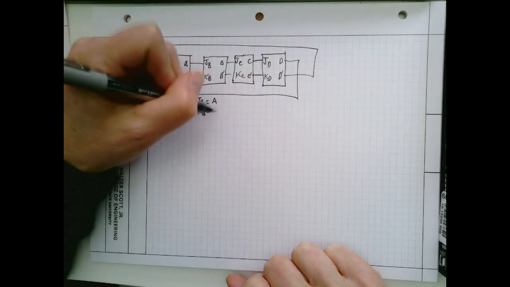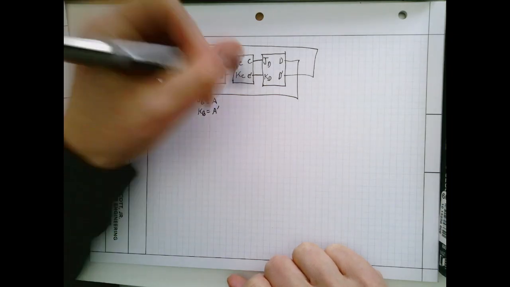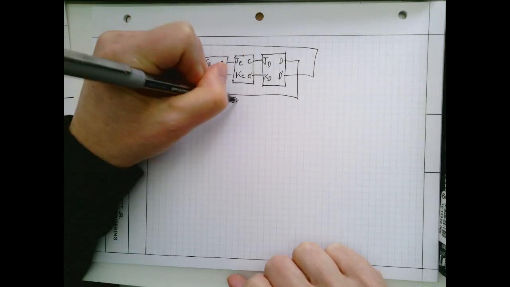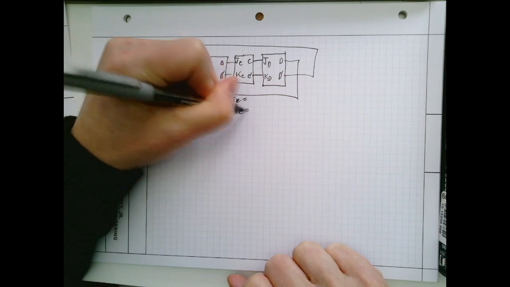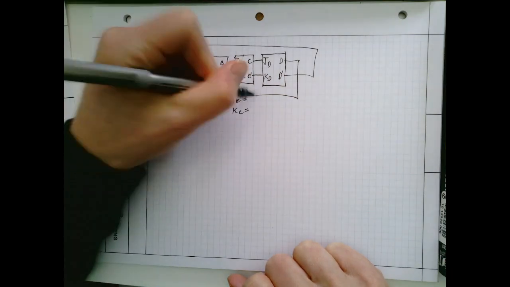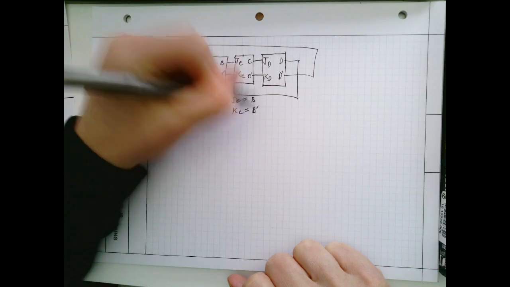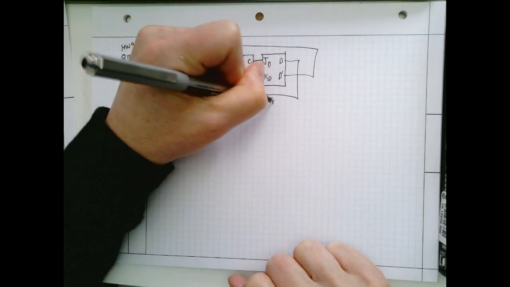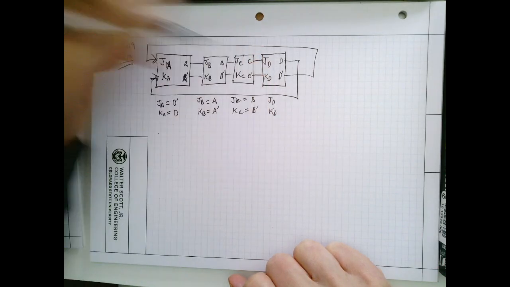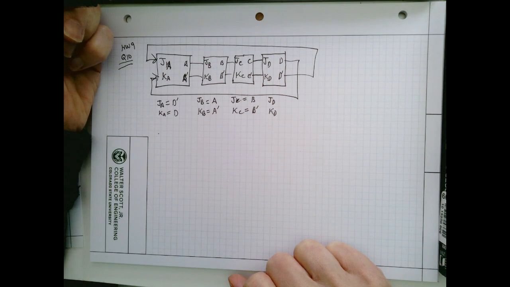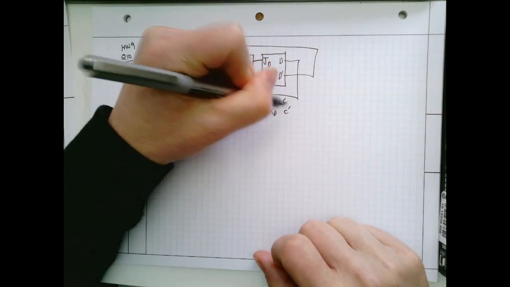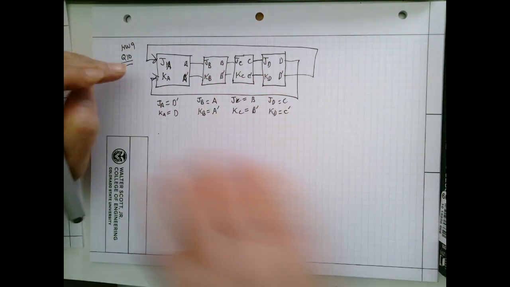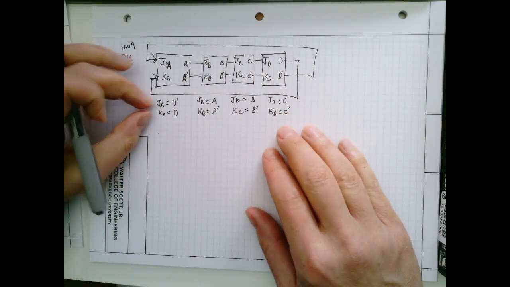A prime, there you go. And so then, can you do J sub C and K sub C for me? There you are. And so J sub D and K sub D must be very simple, just as it says. So now we've got the equations as was suggested.